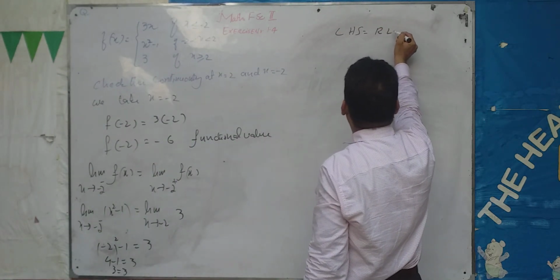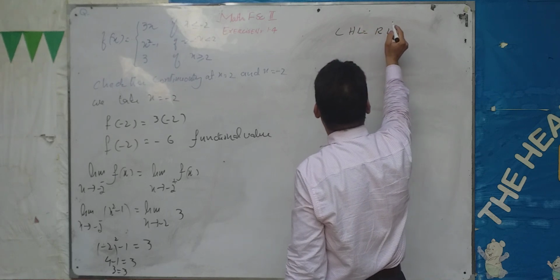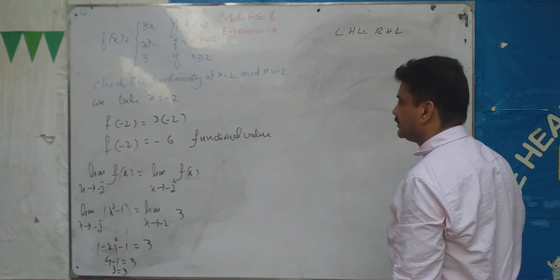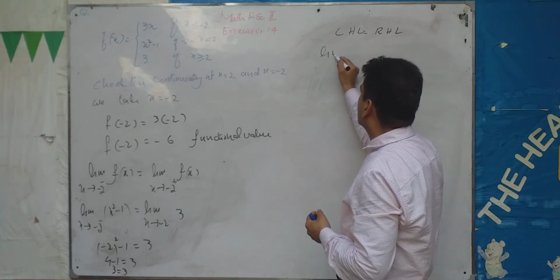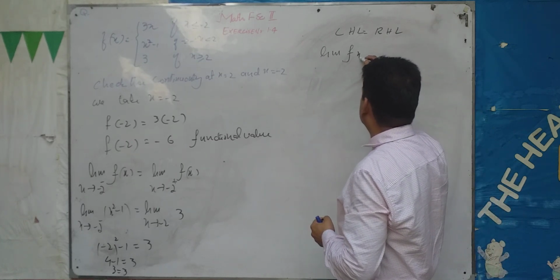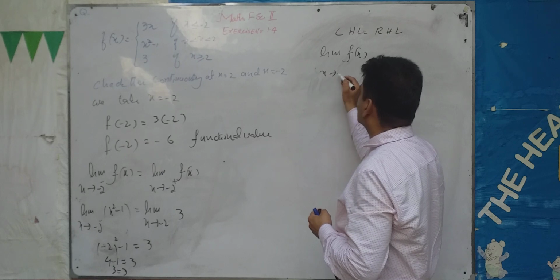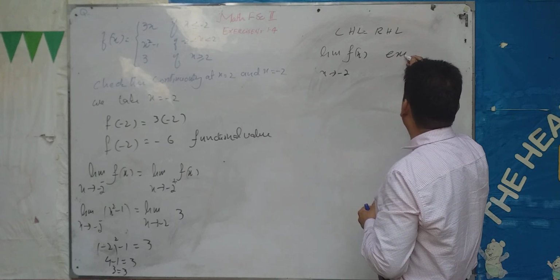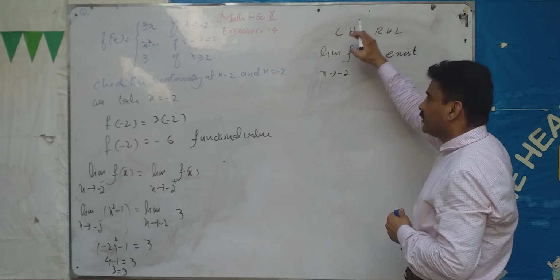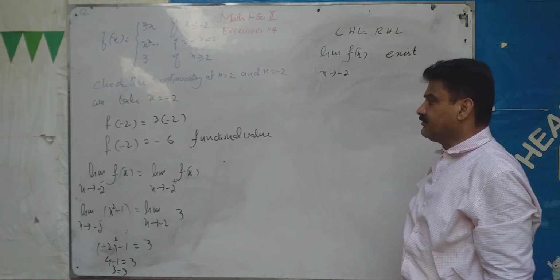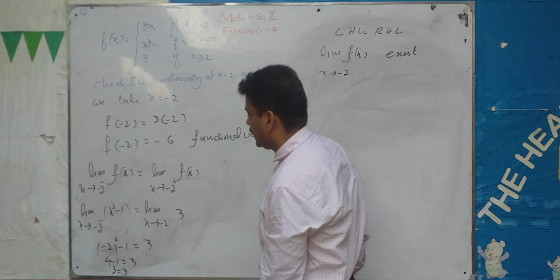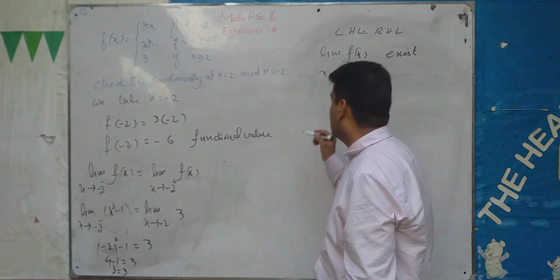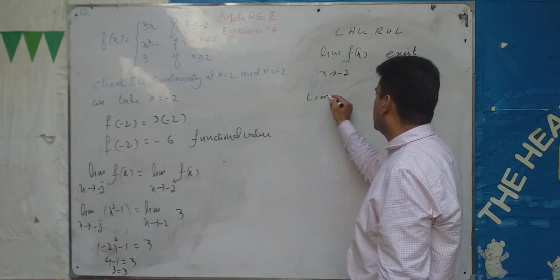Limit of the function when x approaches minus 2 exists. Here the limit also exists, but the function value which is minus 6 and the limiting value which is 3, both are not equal.